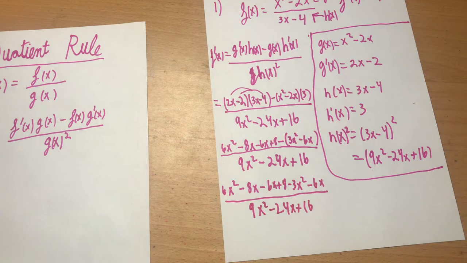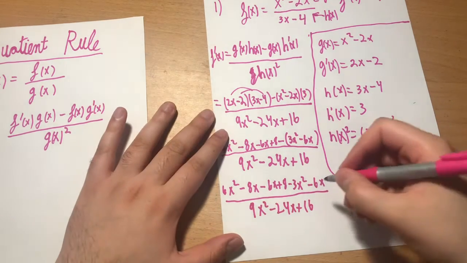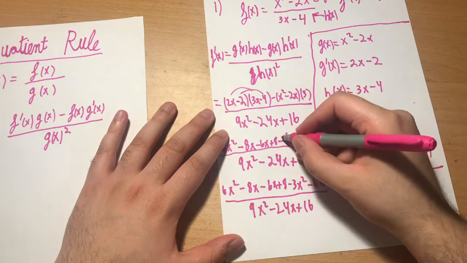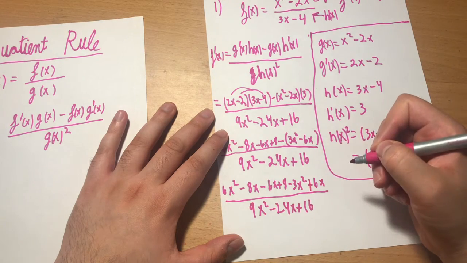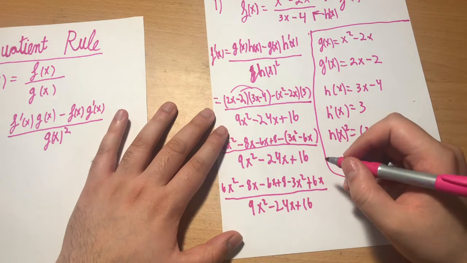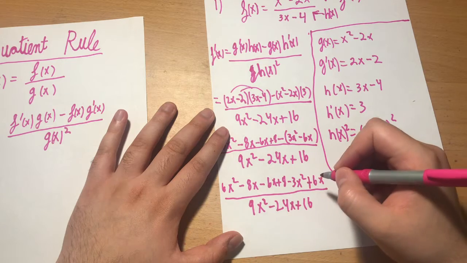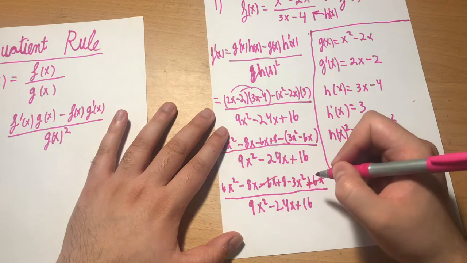Okay? Now, last step. We just have to cancel out like terms. Forgot that when you distribute this negative, this should become a positive 6. Okay? So, easy enough. This positive 6 and this negative 6 should cancel out.